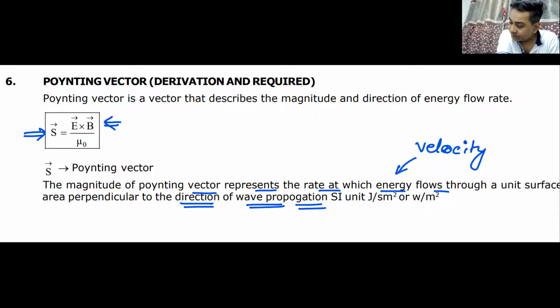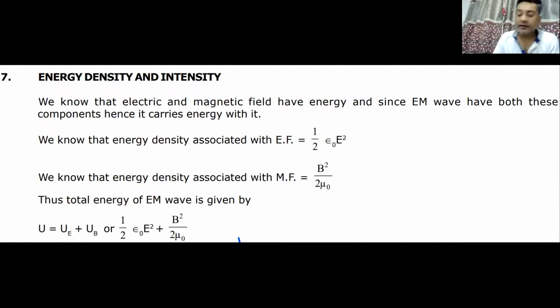Then come two very important formulae, which are the formulae of energy density. What is this energy density? Whenever we use the term density, it will mean something per unit area, per unit length, or per unit volume.